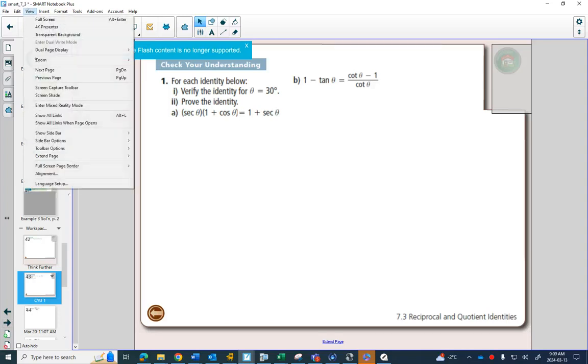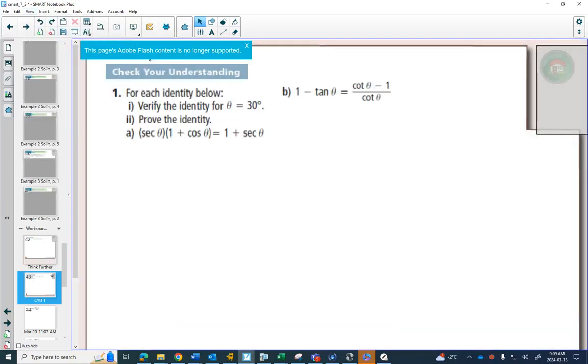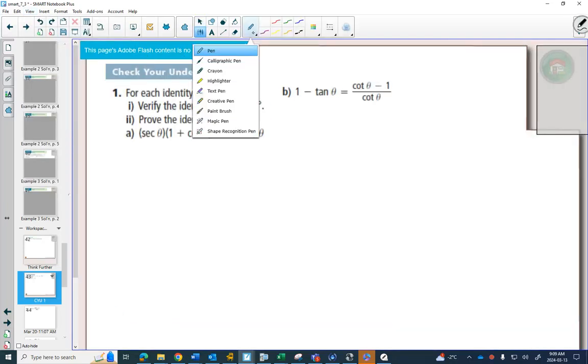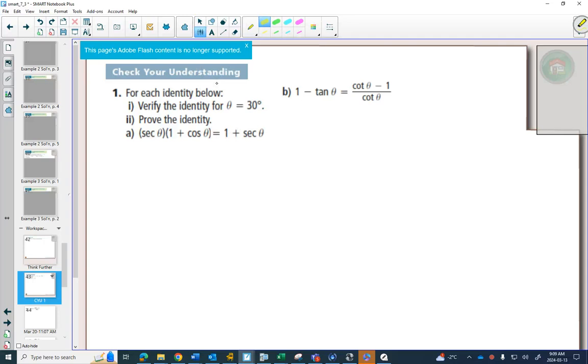Question 1 here, we are going to go through the difference between the words verify and prove. But the process is very much the same.